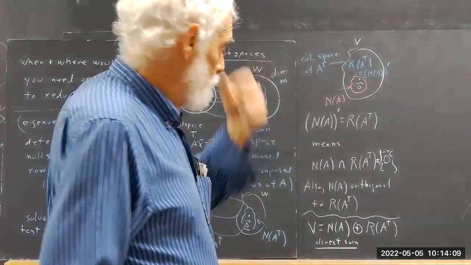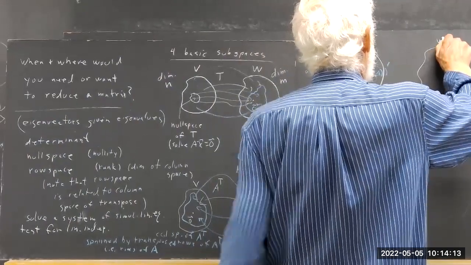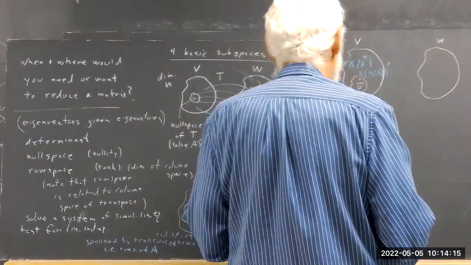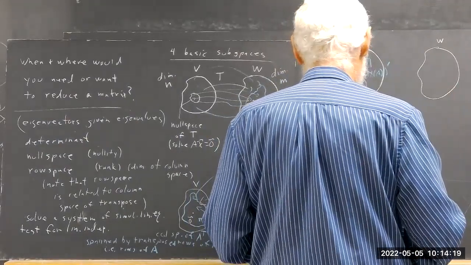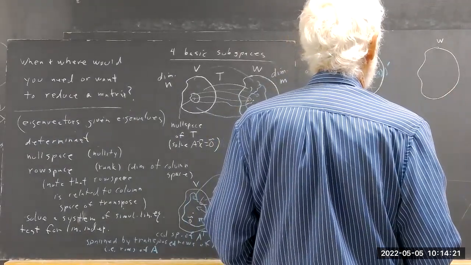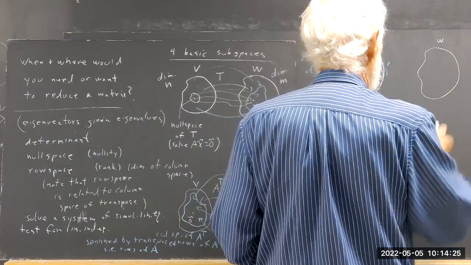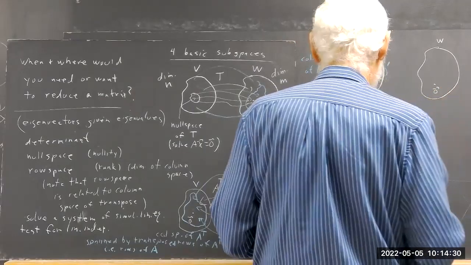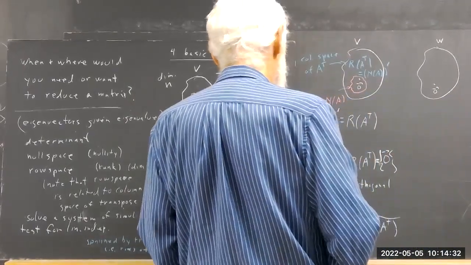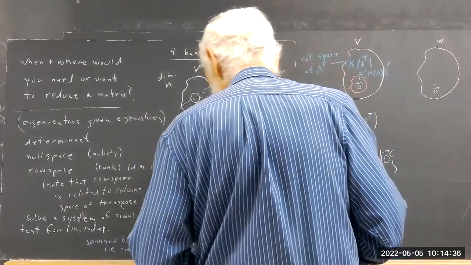Okay. Then, of course, over here in W, you again have, I'm going to color code this. First of all, you have your 0 vector. And I'm going to use different colors here.